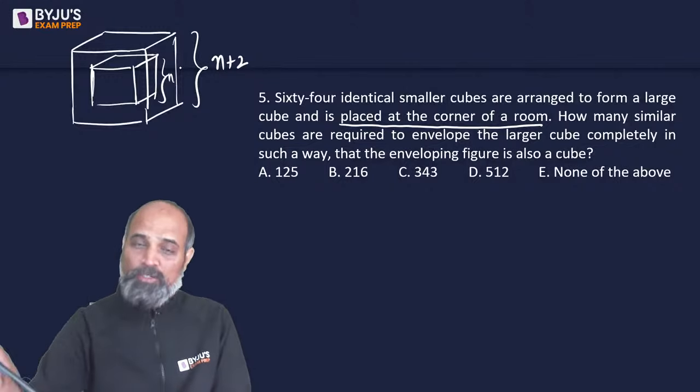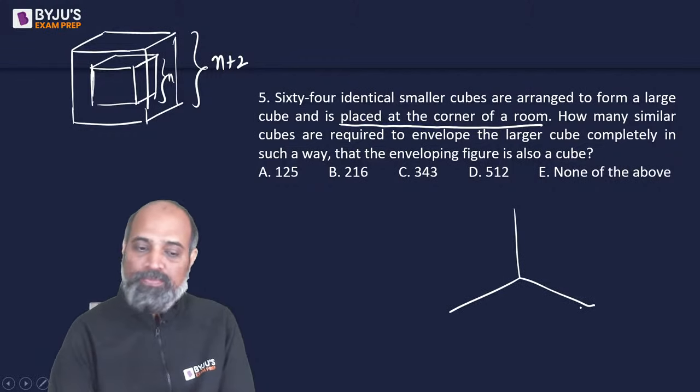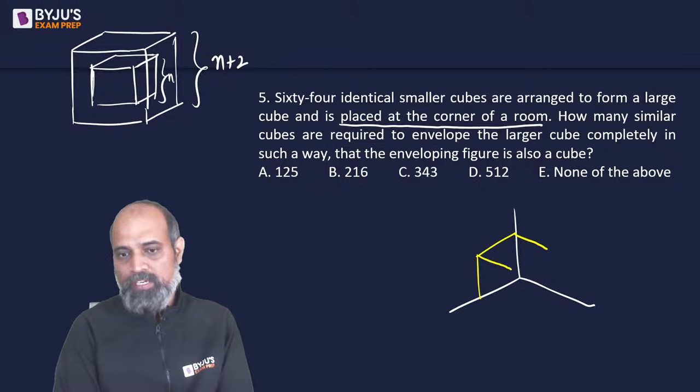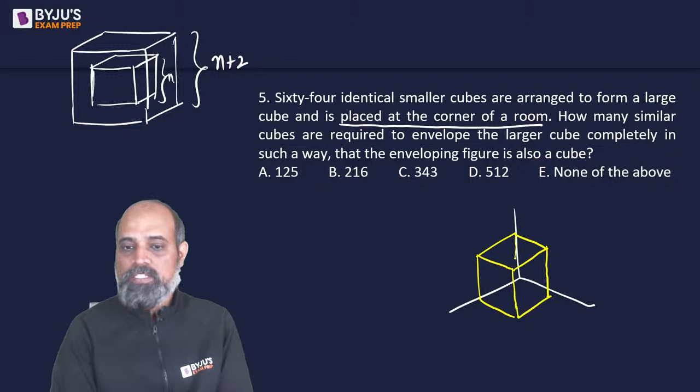Now, if this is going to be placed in the room, suppose this is the corner of a room, and we are going to place a cube here. So that cube is going to be something like this. Right? This is the cube that we are going to have. The dotted lines mean behind the figure.